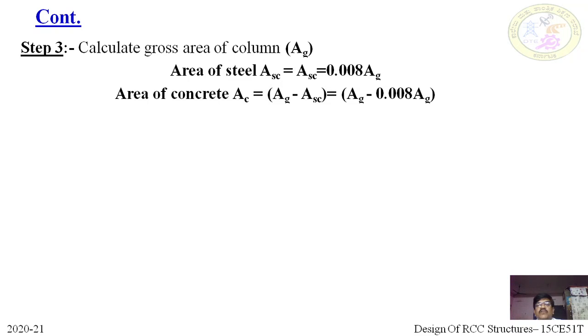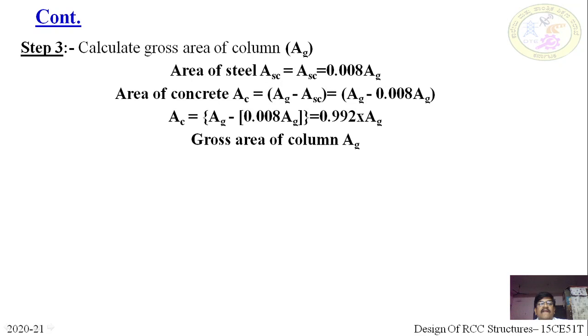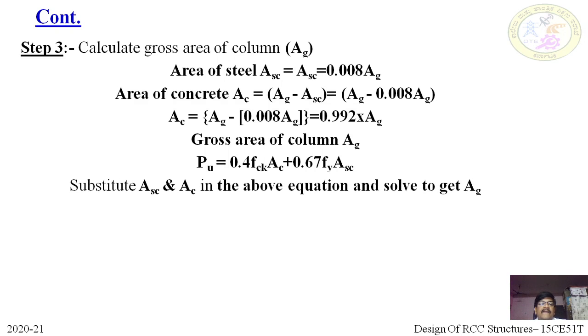Therefore, Ag minus 0.008 Ag, that is Ag times 1 minus 0.008, is equal to 0.992 Ag. So Ac equals 0.992 Ag. Gross area of column Ag, Pu equal to 0.4 fck Ac plus 0.67 fy Asc.